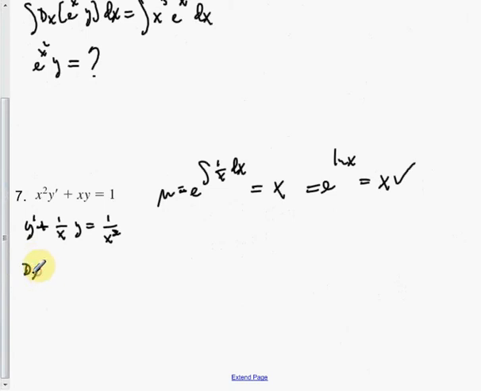So the left side is automatically the derivative of the product of the integrating factor, which is x, times the dependent variable y, is equal to 1 over x squared times x. So that just gives me 1 over x. Integrate both sides.